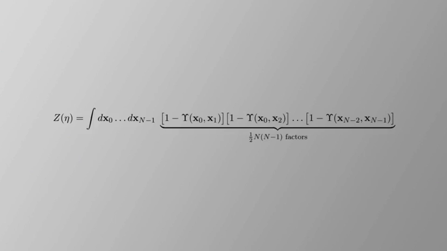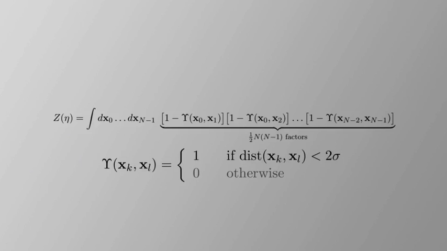Following Alberto a few minutes ago, we will rewrite this condition in an integral form as follows. This integral runs over the 2n components of the n vectors of the configuration, and epsilon is equal to 1 if there is an overlap and 0 otherwise.